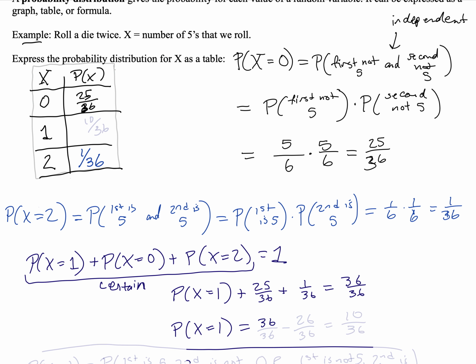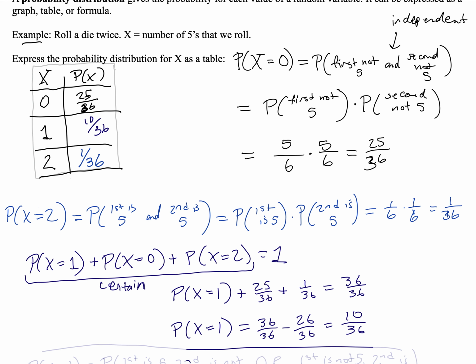So this is 36 over 36 minus 25 plus 1, that's 26 over 36. And so the probability that x is equal to 1 is 10 out of 36. So 10 out of 36 is the probability that there's exactly 1 5 in 2 die throws.